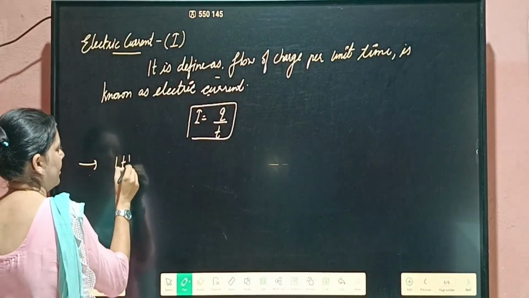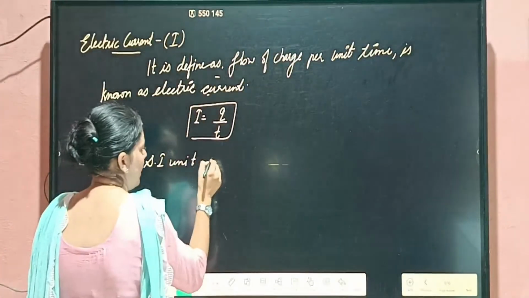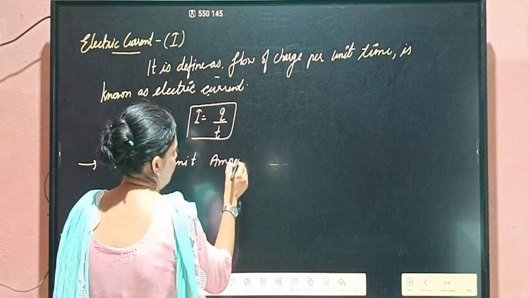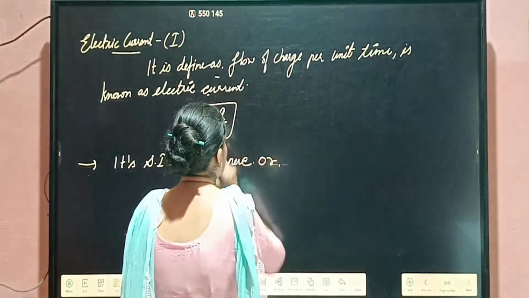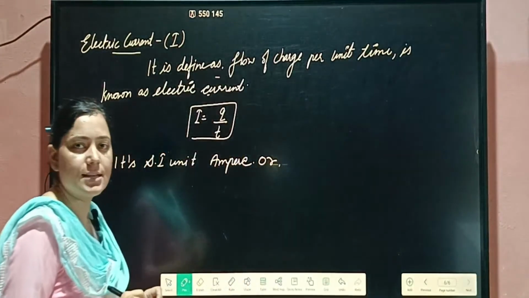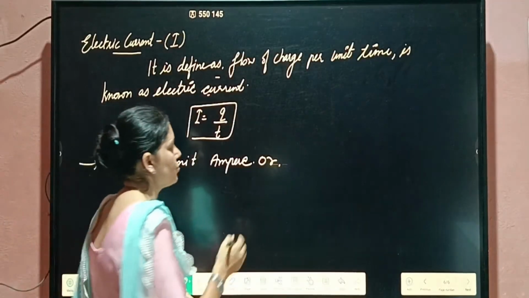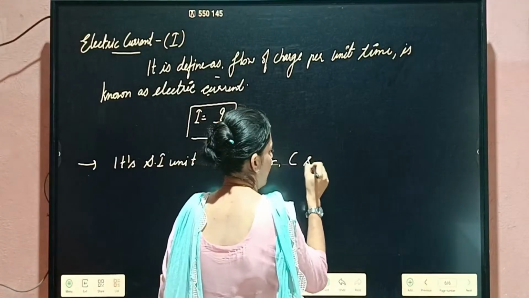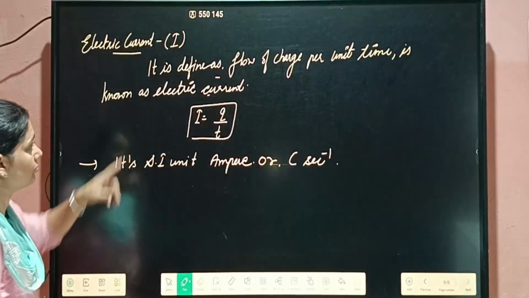Its SI unit we measure in ampere. Q is charge, whose unit I told you is coulomb, and time is in seconds. So another unit you can write is coulomb per second, the unit of electric current.